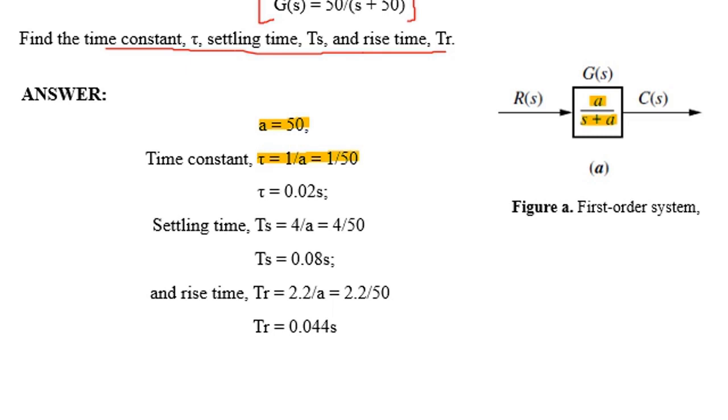Now time constant is equal to 1 over a, or 1 over 50, and its value will be 0.02 seconds. Settling time is equal to 4 over a, or 4 over 50. So settling time will be equal to 0.08 seconds. And finally, rise time is equal to 2.2 divided by a, or 2.2 divided by 50. Here, rise time will be equal to 0.044 seconds.